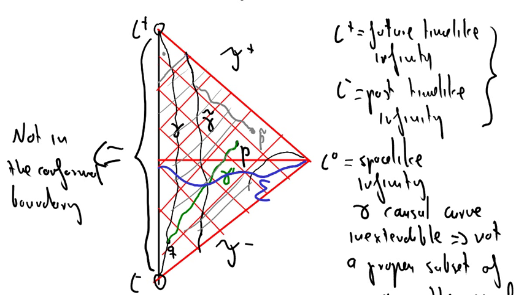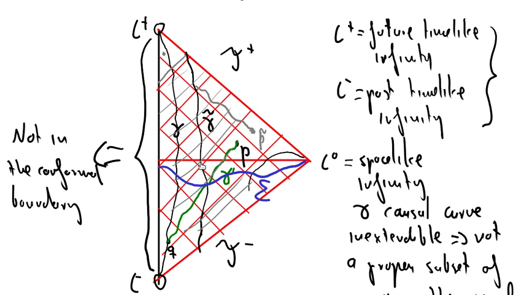There's no way for an inextendable causal curve to avoid meeting sigma, because if you try to avoid it, then you are no longer a causal curve. You become space-like at some point. And for that reason, we say that sigma is a Cauchy hypersurface.